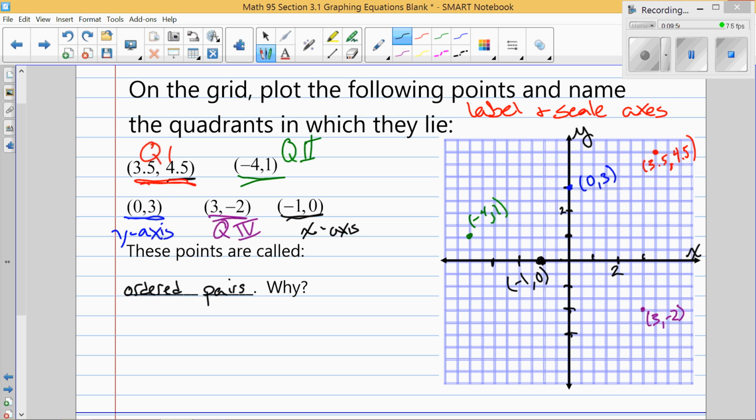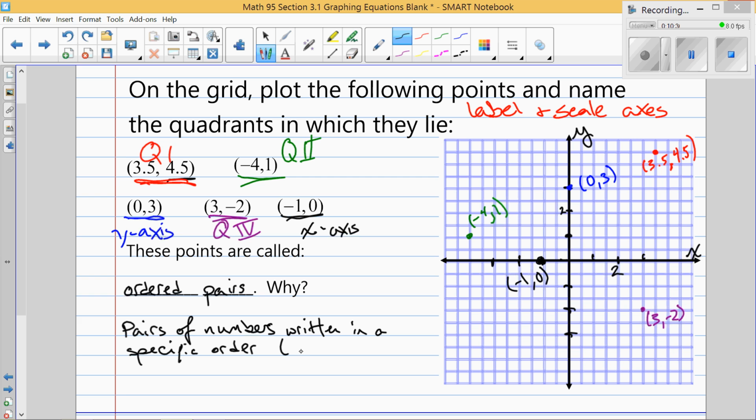Well, they are pairs of numbers, and they are always written in a specific order.